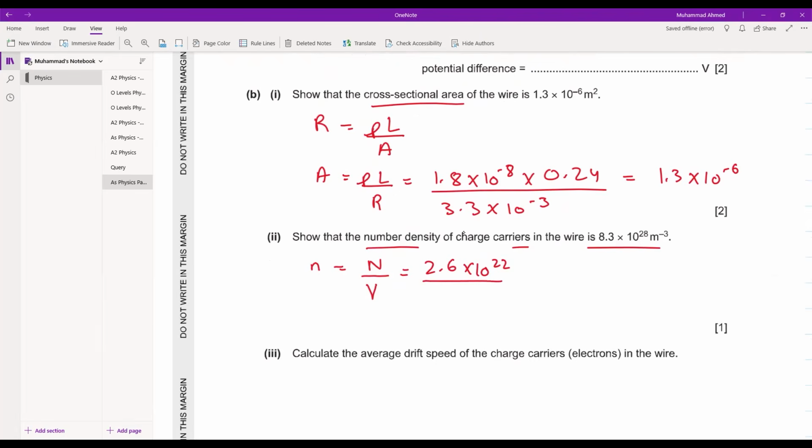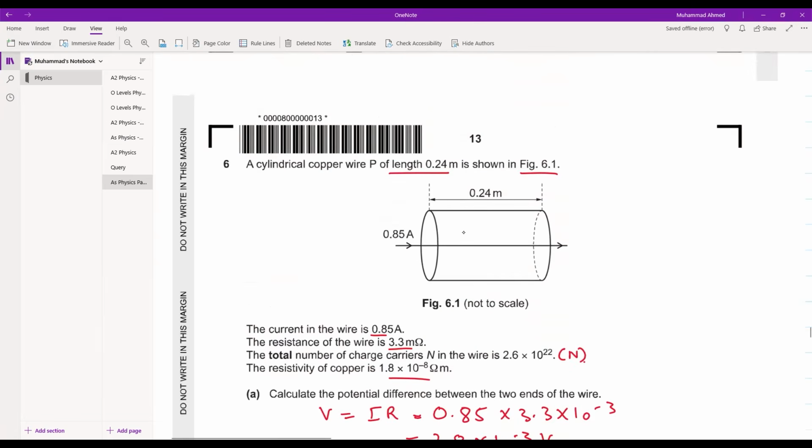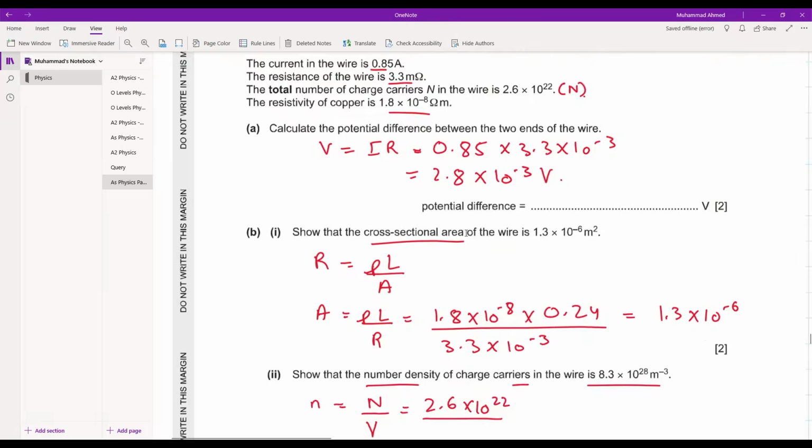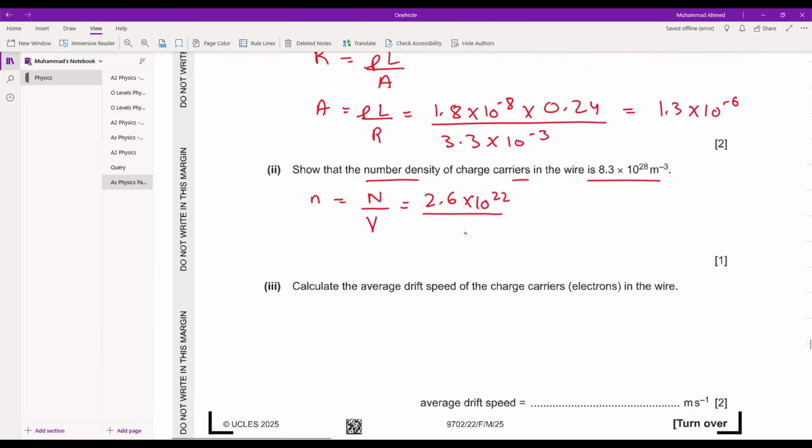How will you calculate the volume here? Can you realize this is a cylinder? What is the volume of a cylinder? Pi r square h. Luckily, you are already provided with the cross-sectional area. You don't need to do pi r square h. You can just substitute area in place of it.